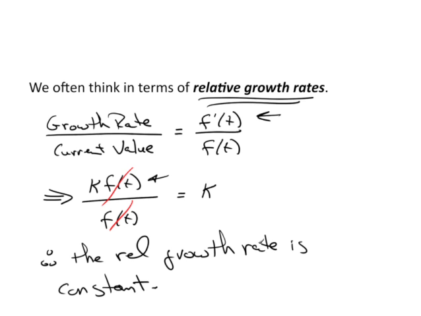So the growth rate is proportional to the current value, but the relative growth rate is actually a constant. Now note that this holds true for k being non-zero. So this would hold true for both a growth model and a decay model.